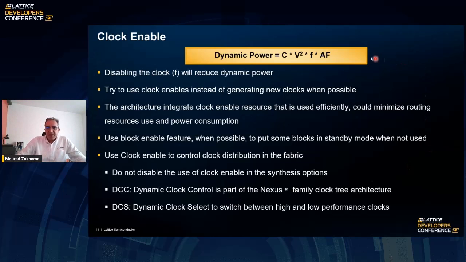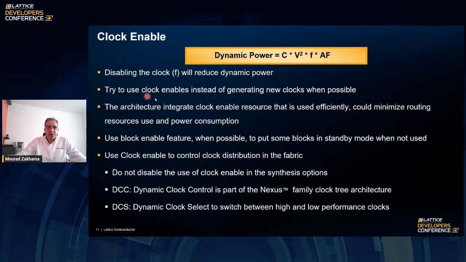The activity factor, as we've seen in previous sessions, has an impact on the overall power consumption, but so does the frequency. If you can reduce the frequency at which each block is operating, and if a block is not functional, disable the clock. That will minimize the power consumption.